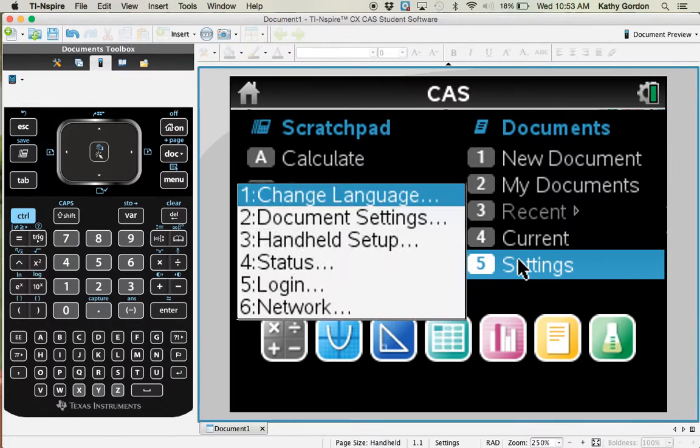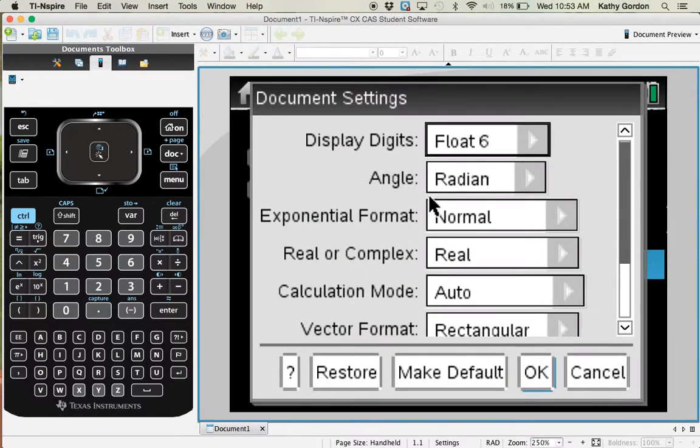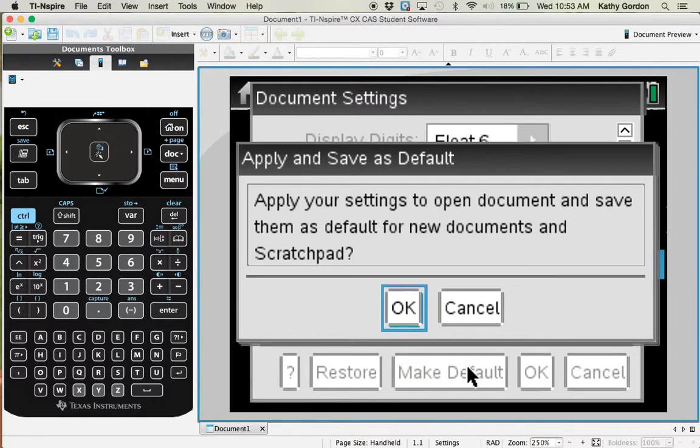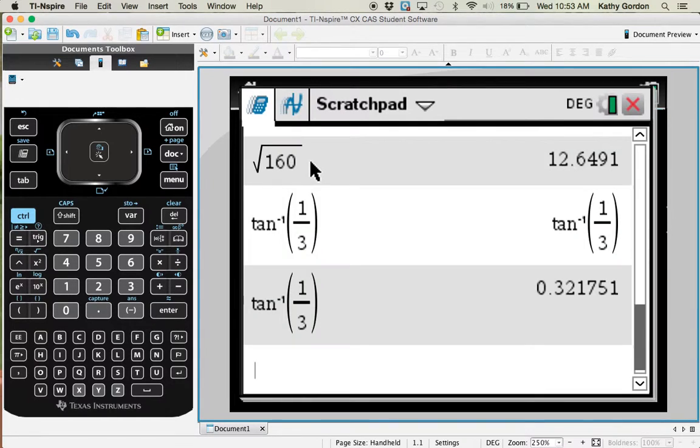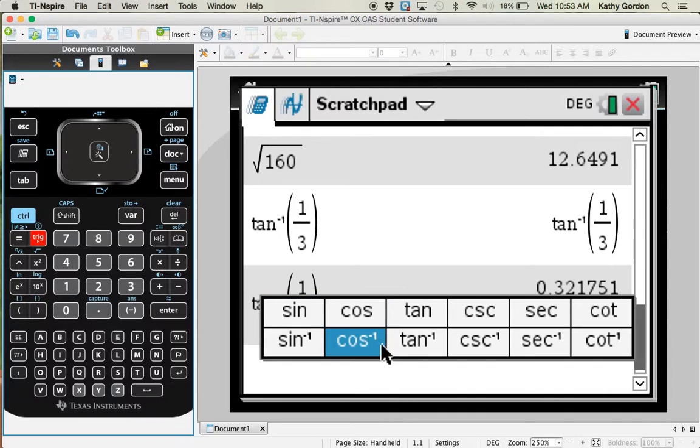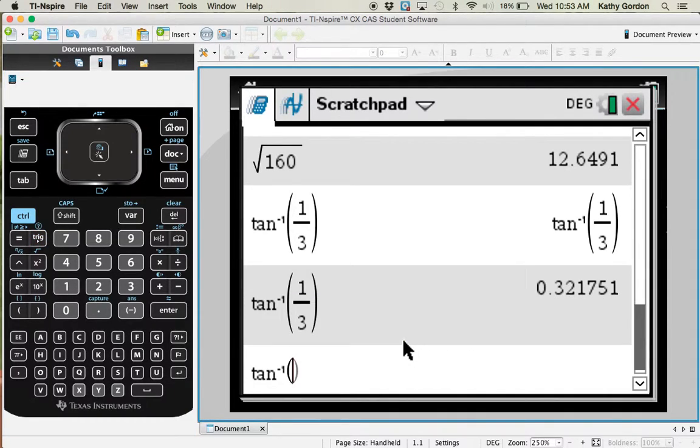I'm going to redo my settings. Go back to degrees. Hit the default. Yes. Go back to calculate. And try one more time. All right, so do it again. Inverse tangent. Oh, come on, catch up already.